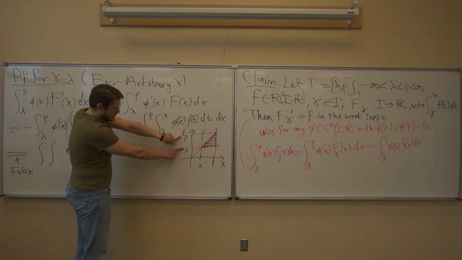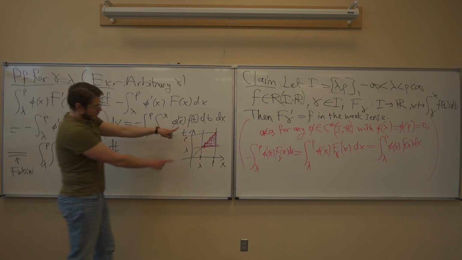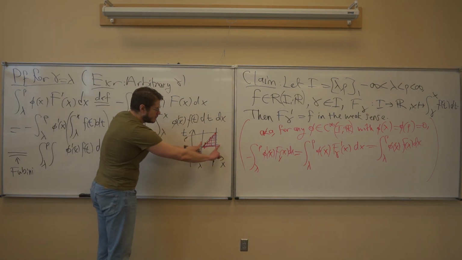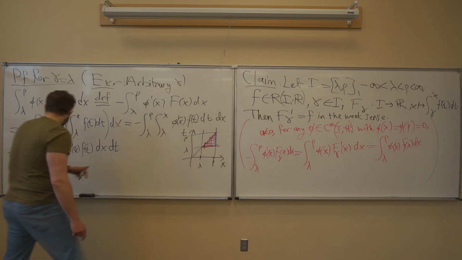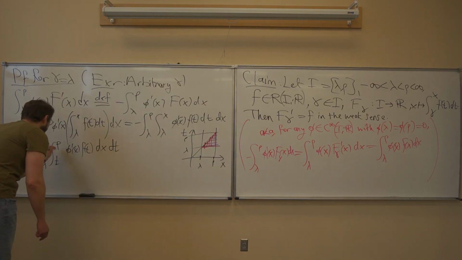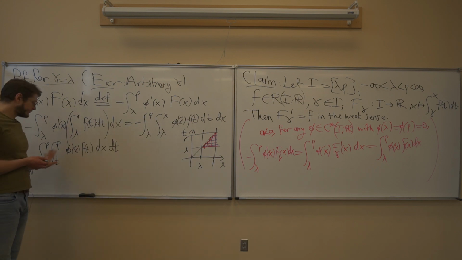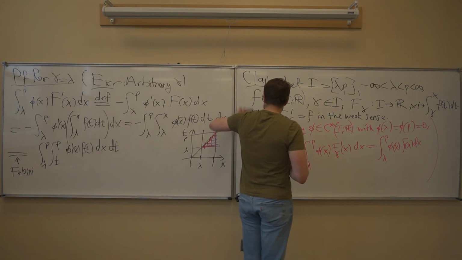T is going to vary from lambda to rho. So the outer integral is going to go from lambda to rho again. But now I want to vary x as a function of t. You see now x is going to vary from t to rho. If this is confusing, it's not a major issue because this is like a multivariable thing. Let me delete this.